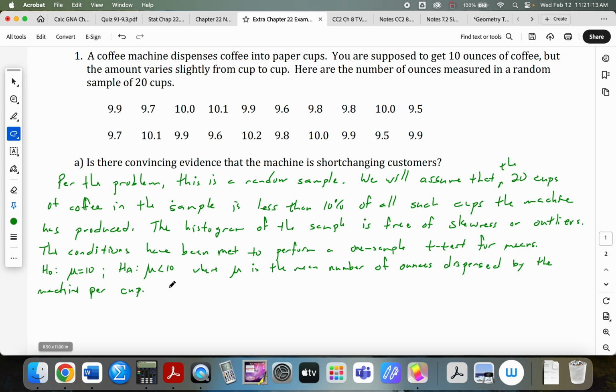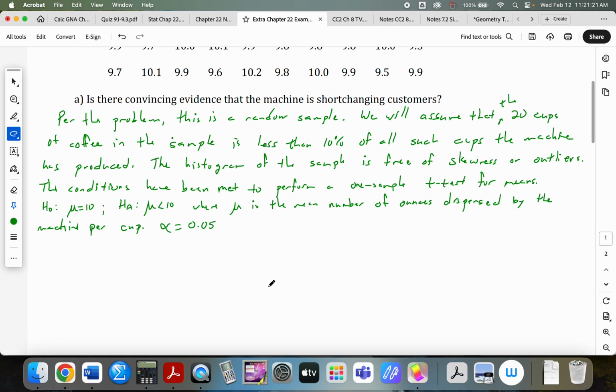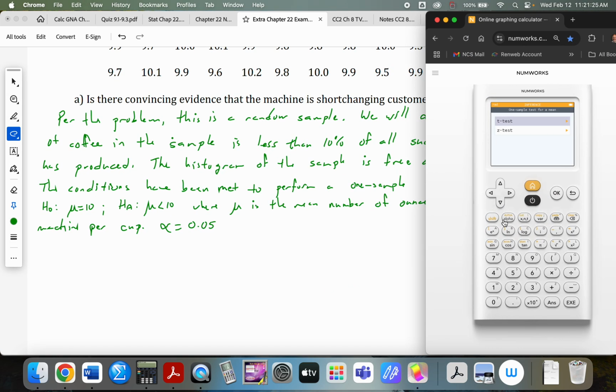And we need to set an alpha level. 0.05. Okay. So now let's do the test. Our null hypothesis is that we're equal to 10.